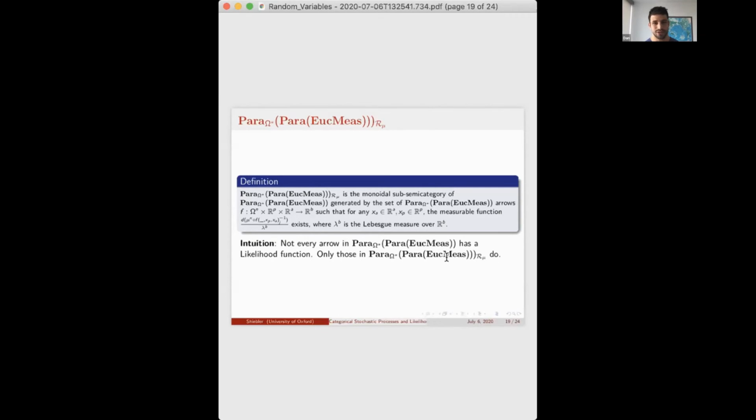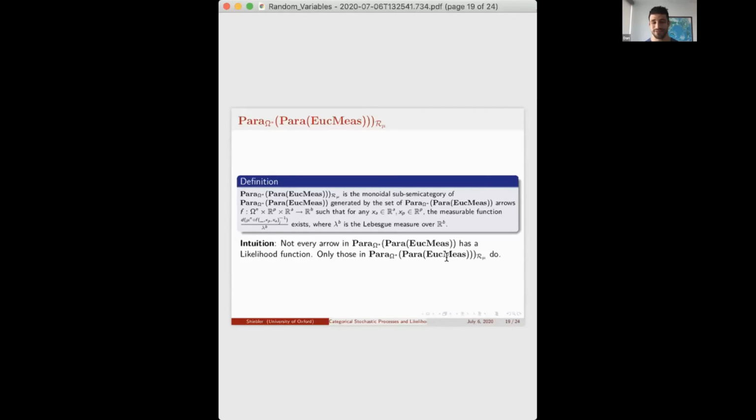So in order to categorify this, and to have a relationship whereupon each of the different arrows in our category are going to have this sort of structure, we introduce this notion of our para-para-Eukmez R structure, which basically is just the set of arrows in para-para-Eukmez that have likelihood functions at all. And this is not given. Many arrows do not.